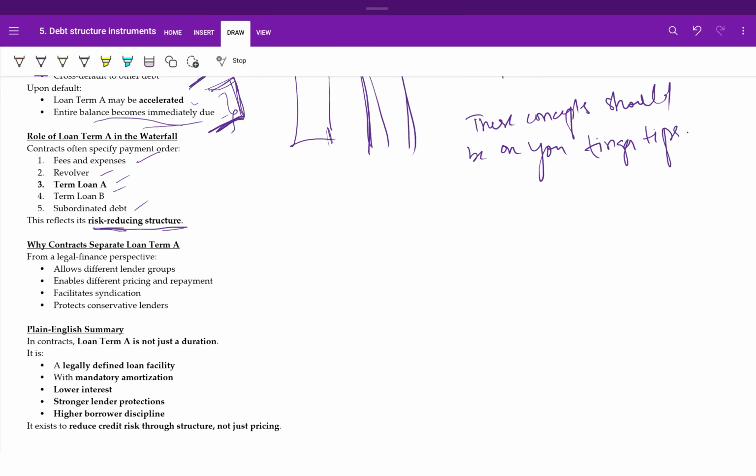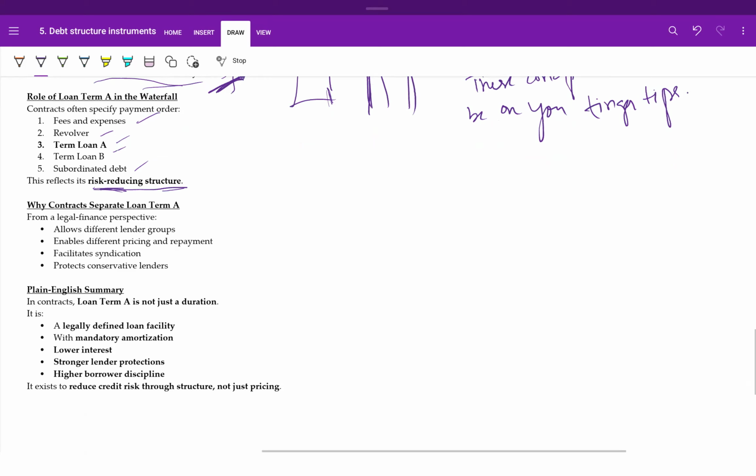Why does a contract separate term loan A? From a legal financial perspective, separation allows different lender groups, different pricing structure, different amortization profile, efficient syndication, and protection of conservative capital.